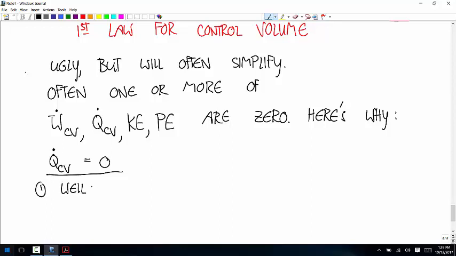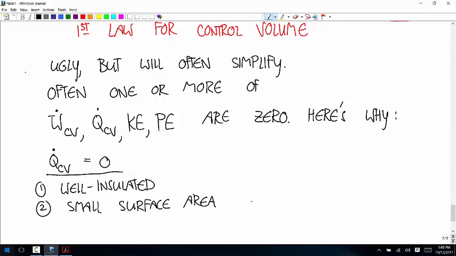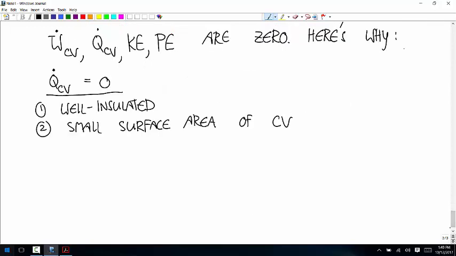If the control volume is well insulated, or if the surface area is small, even if it's copper or something, if the surface area isn't big enough to allow the stuff inside and the stuff outside to exchange heat, then there won't be any change in the control volume.